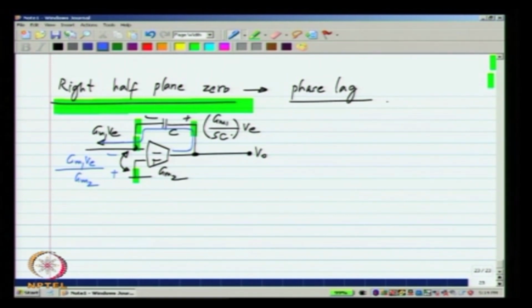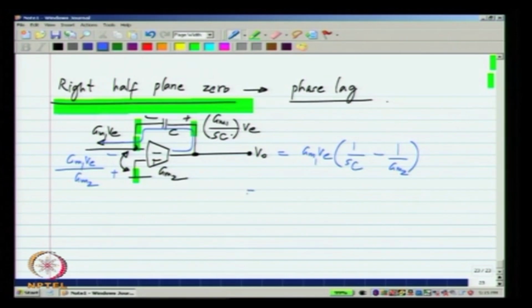So, the total voltage V naught equals GM1 VE times 1 over SC, sorry, minus 1 over GM2.